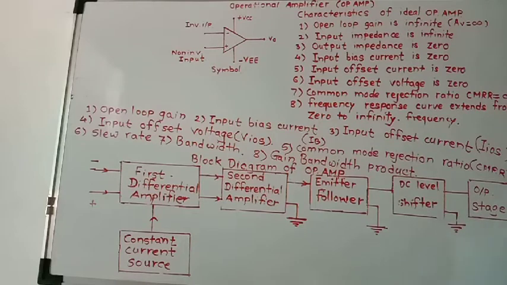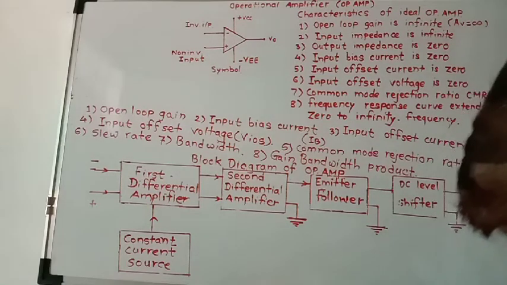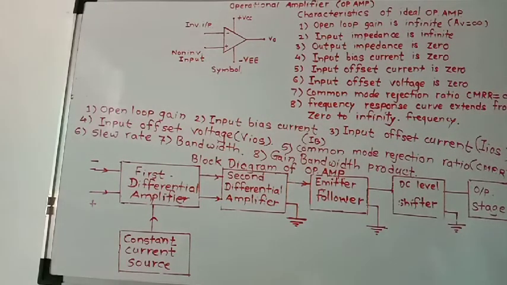It is called the input offset current. So what is my input offset current? It is the algebraic difference between the two input currents, that is, IB1 minus IB2.